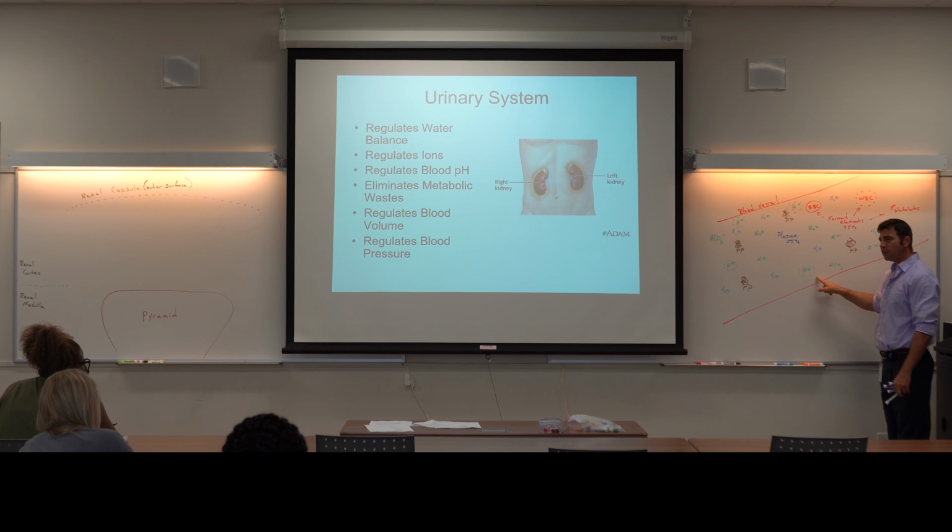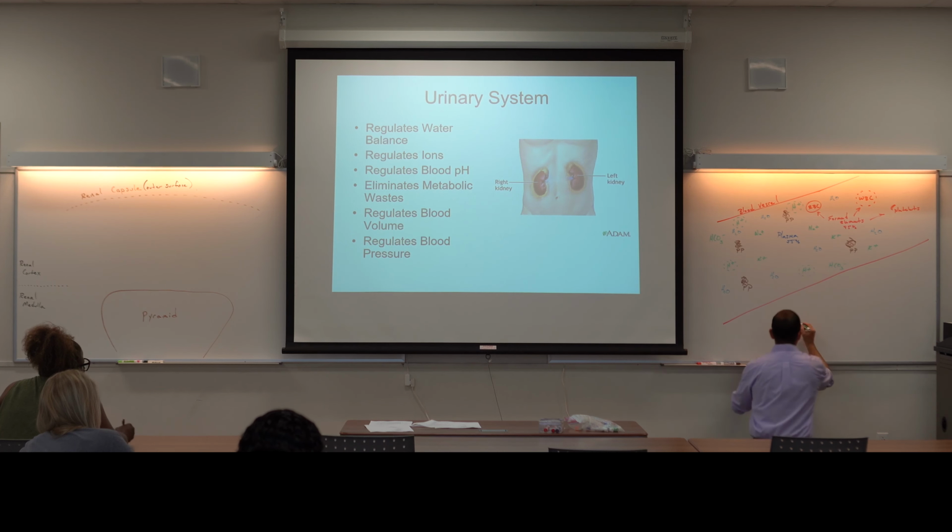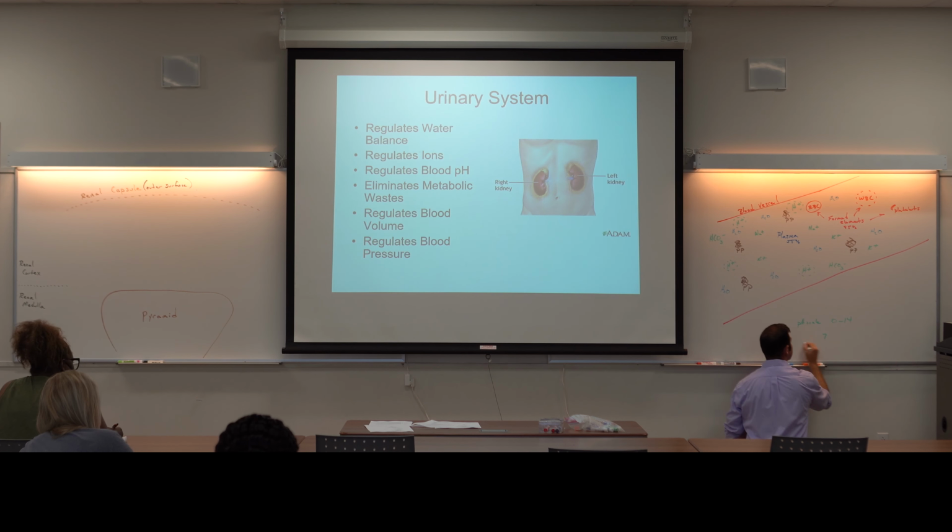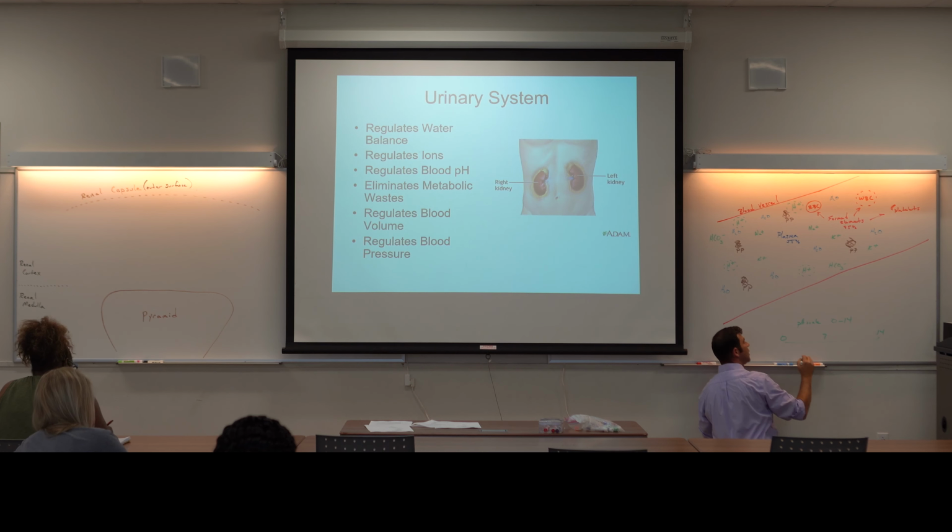And can you remind me real quick, if we're talking about blood that's on the acidic end of the range, the pH scale was 0 to 14, where 7 was right in the middle, 14 is at the high end, 0 is at the low end. At which range would we consider the acidic range of this pH scale?